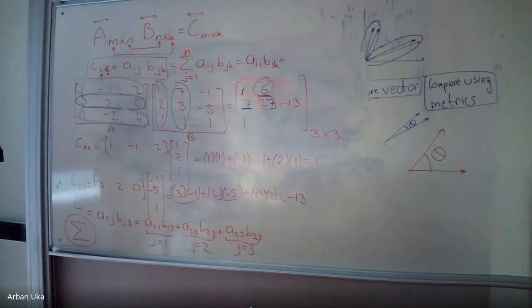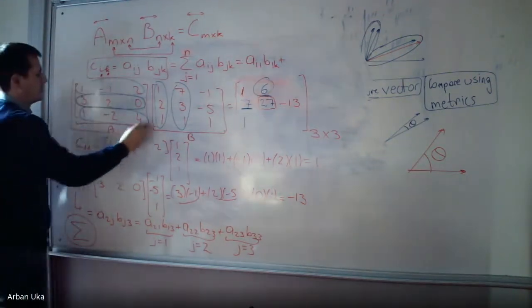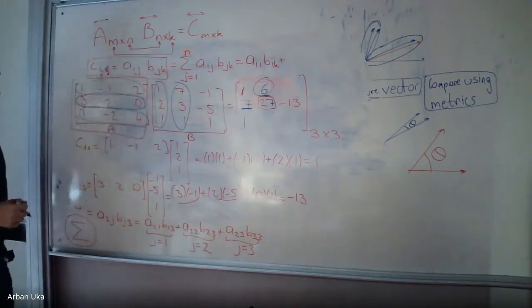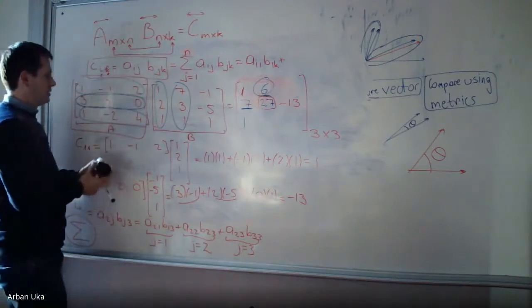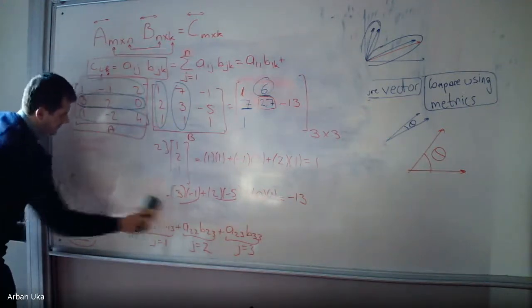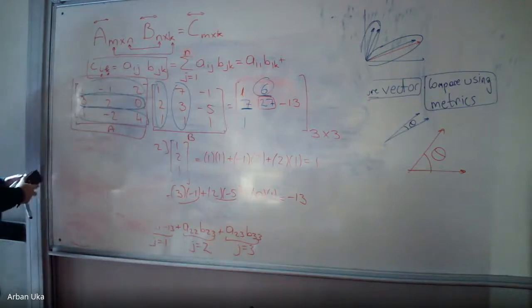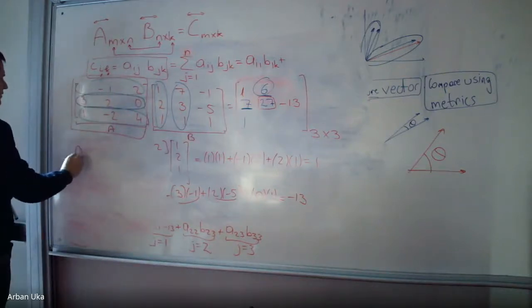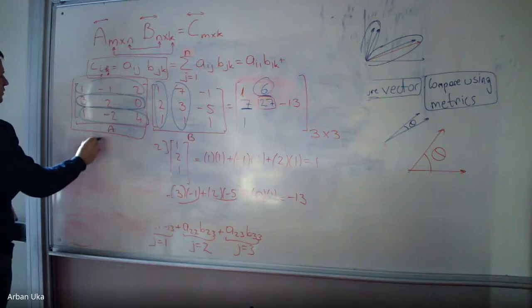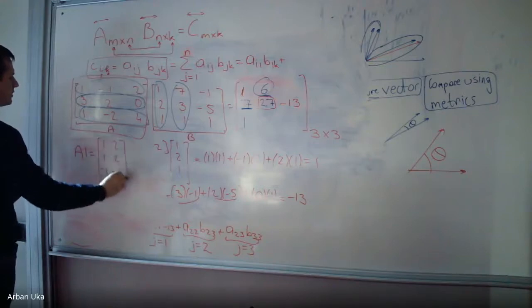And then one question would be this one. Assuming that this is the matrix A, and we have another matrix, let's call it A1, which is equal to 1, 1, minus 1, 2, 2, minus 4.